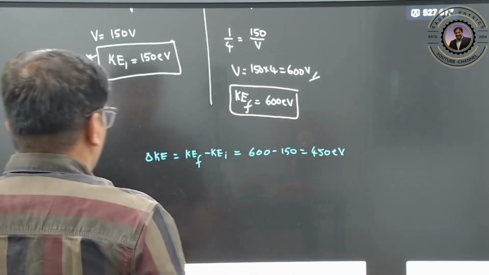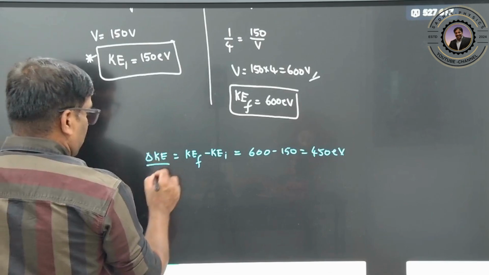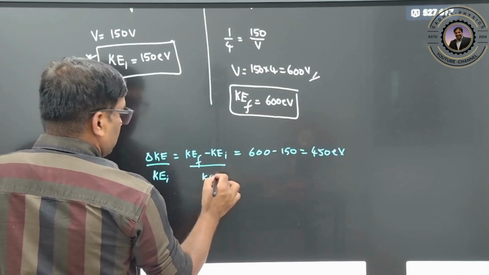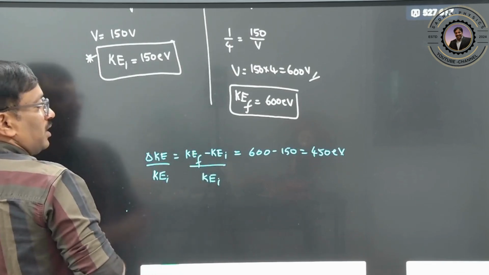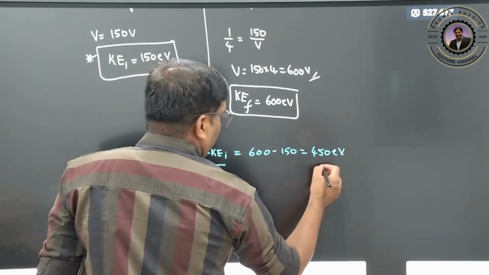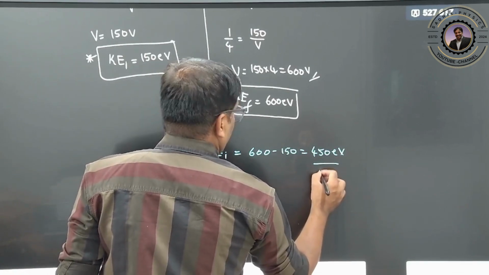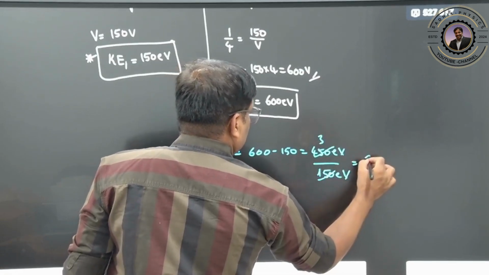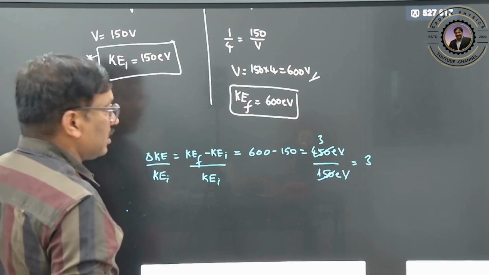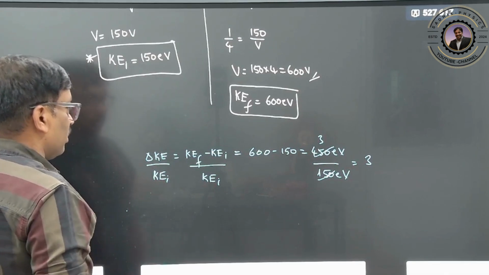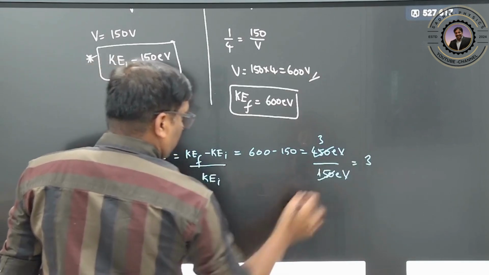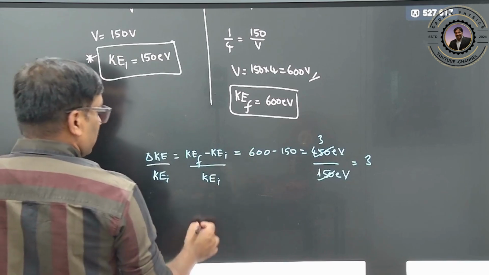Now we can add the percentage change in kinetic energy, the change divided by the kinetic energy initial. This is called the fractional change in the kinetic energy. The initial is 150 electron volt, so it is 3. The fractional change in kinetic energy is 3. The percentage change is into 100, so you get 300%.